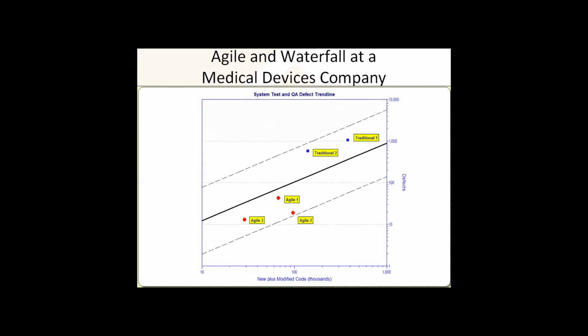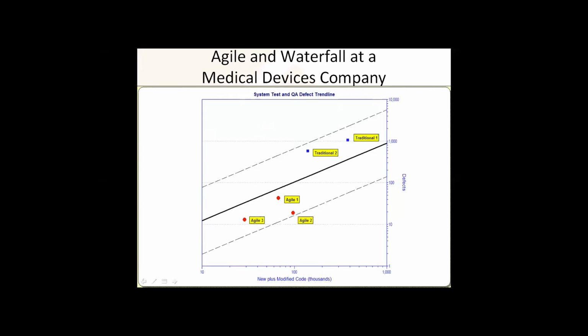Now, this organization then made a transition into Agile co-located pair programming, and 3 of the first projects fielded in that environment are the red circles on the left. We looked at the number of bugs, just like you saw in the previous graph, found and fixed during QA and testing, and plotted those against the code sizes, more on the smaller and medium size, and looked at how they compared against the industry average.